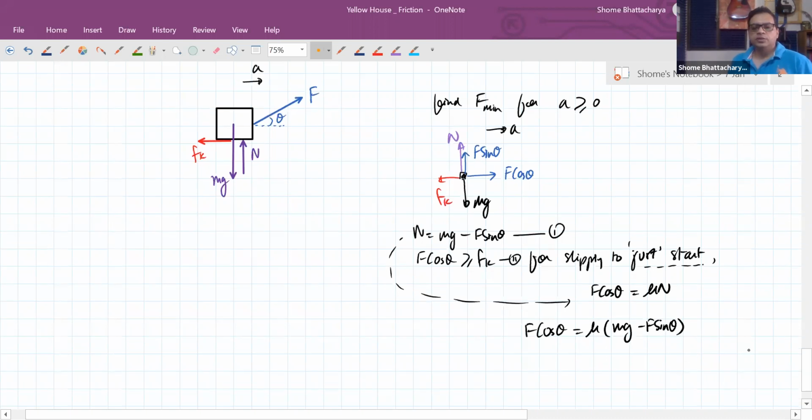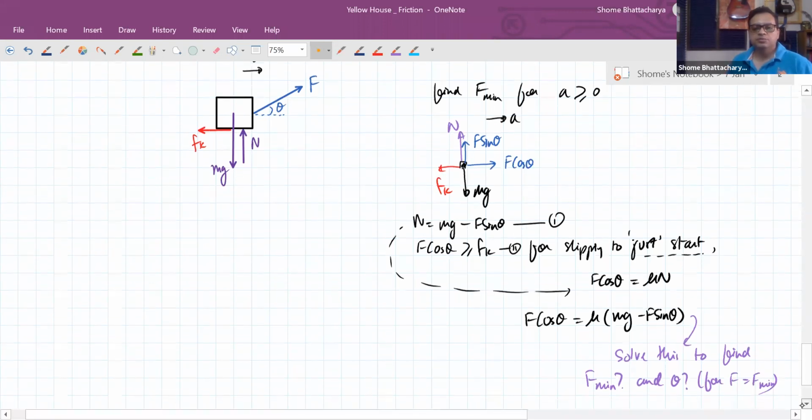Yeah. So hope it is clear up to this point. So now what we have to do next is we have to solve this to find minimum force and theta's value for F to be minimum. This is what we have to do. So it has now converted into a maxima minima problem.